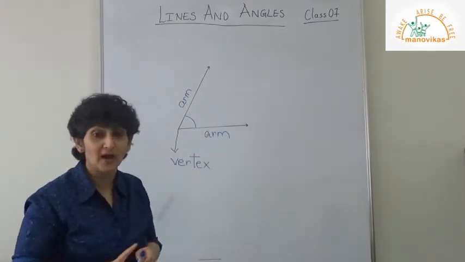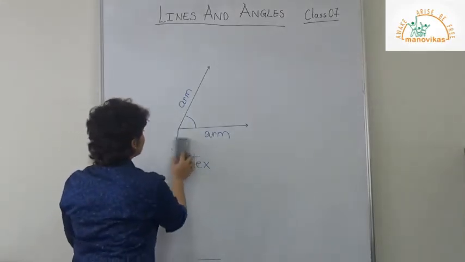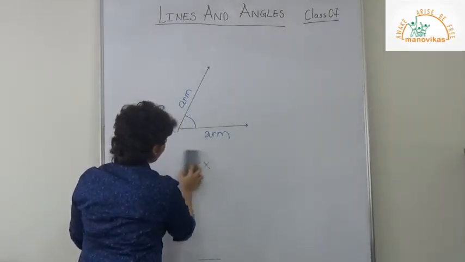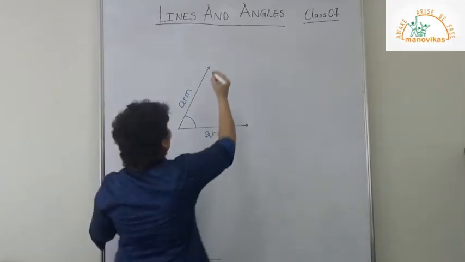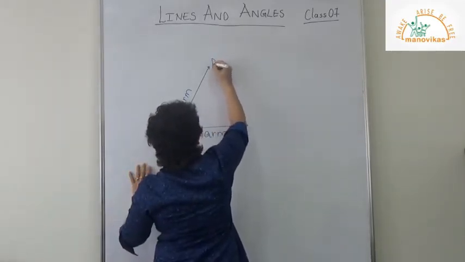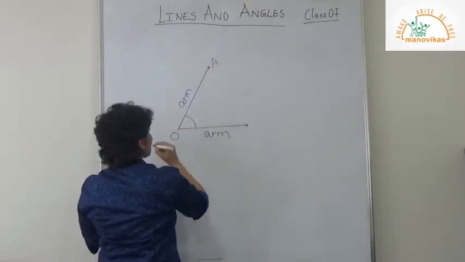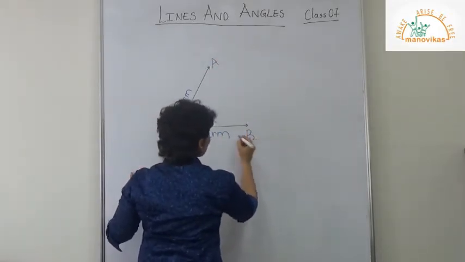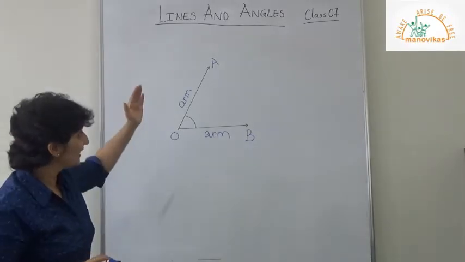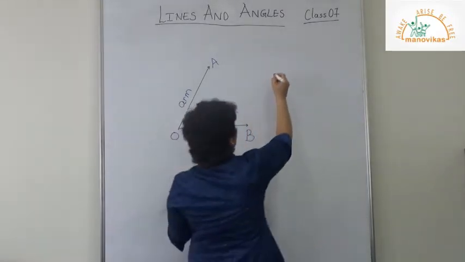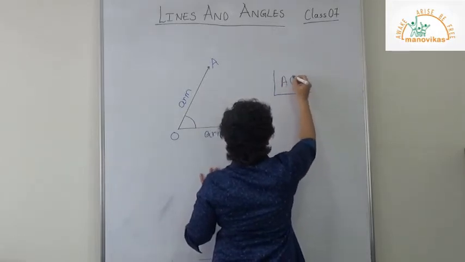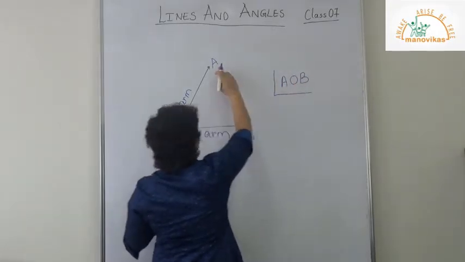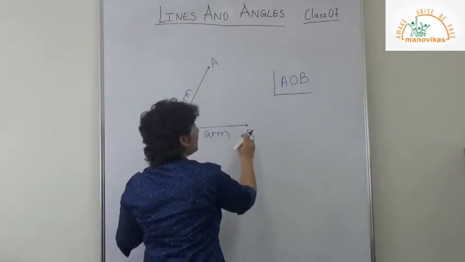Alright, how do I name my angles? For example, let this be A, I'll mark this as O and this as B. Now when I name this angle, this is called angle AOB.